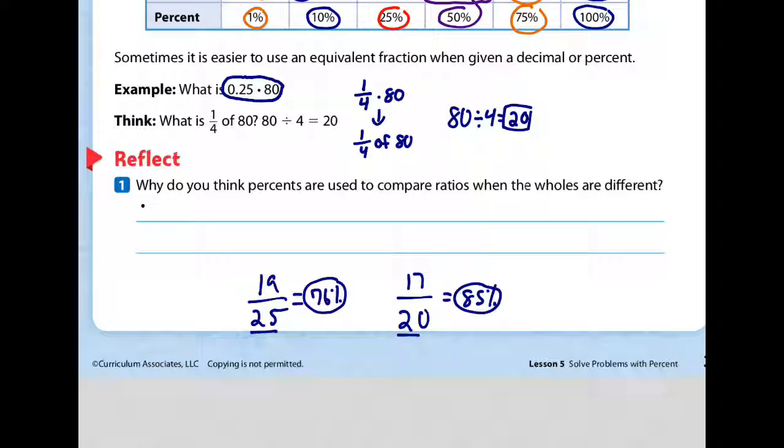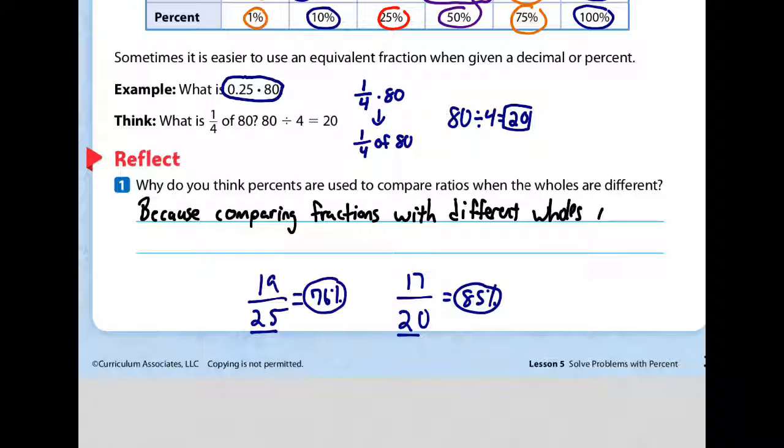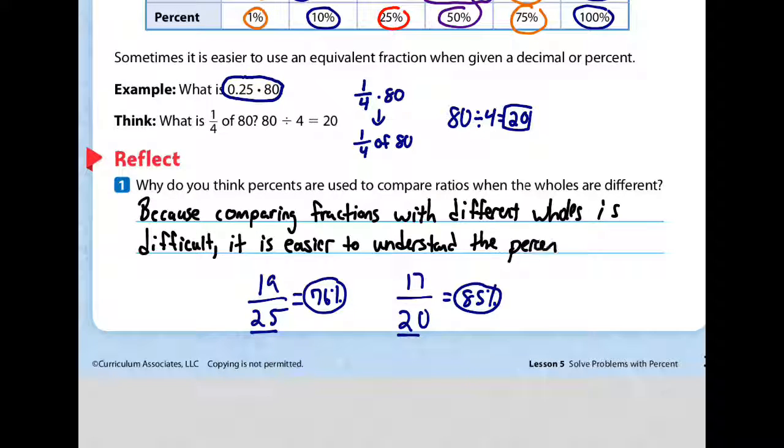I'm going to say, because comparing fractions with different wholes is difficult, it is easier to understand the percent because it is only one number.